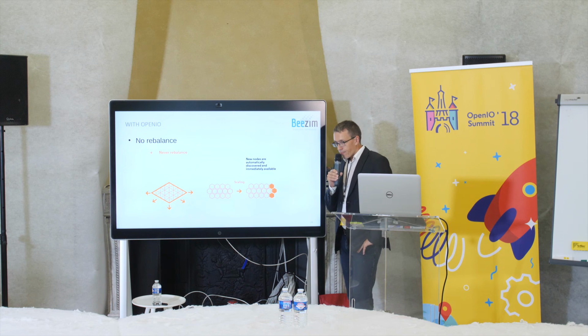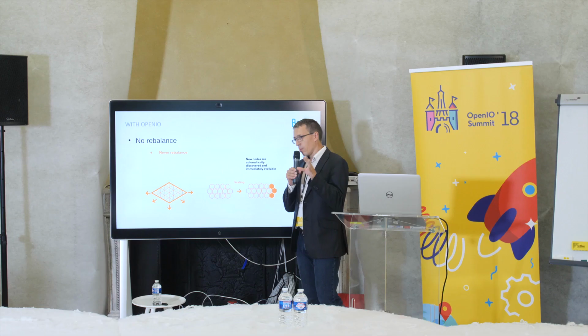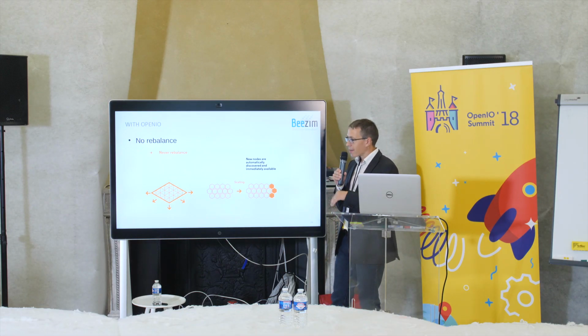With OpenIO, when you add storage, there is no rebalance. That means that when you scale the storage and add new nodes, the storage will be available immediately and can be used immediately. That's the big difference between OpenIO and other SDS storage, and I think any other SDS storage.